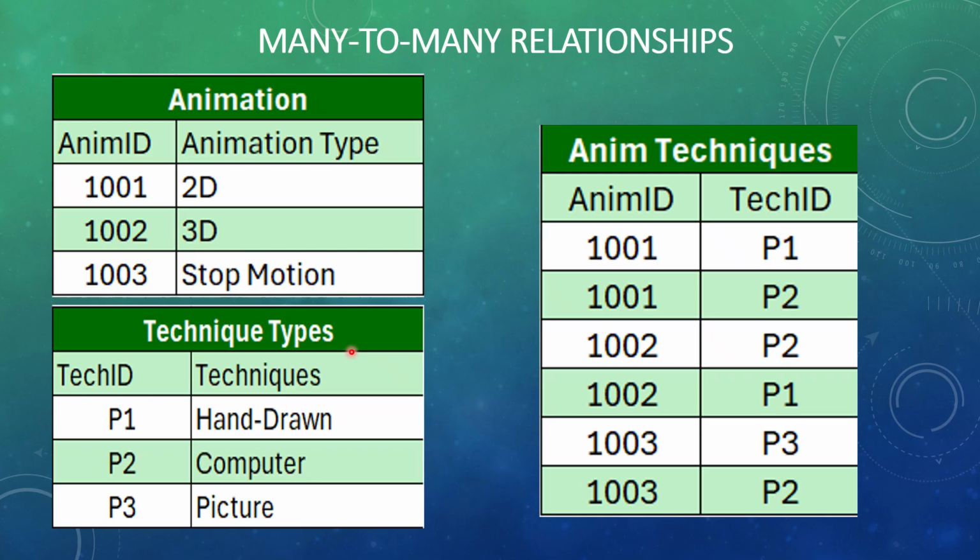This allows you to see that hand-drawn animation can be used in 2D animation as well as 3D animation, and computers can be used in 2D animation and 3D animation.